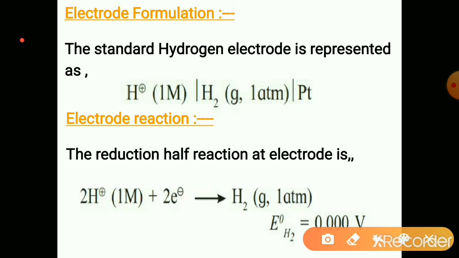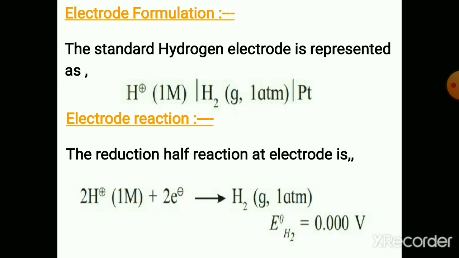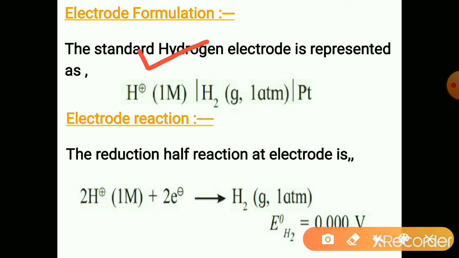Its electrode representation is like this. The standard hydrogen electrode is represented as follows. By convention, when we represent a single electrode, we need to show first the ionic species which is in contact with the electrode.